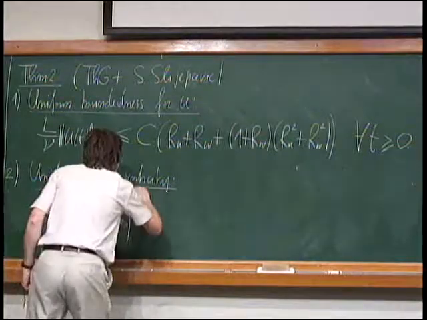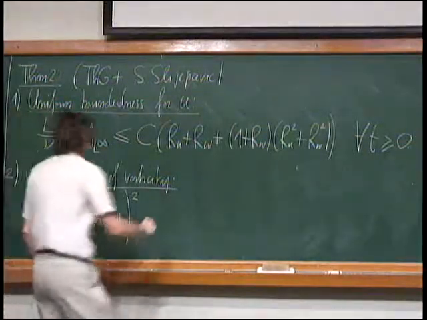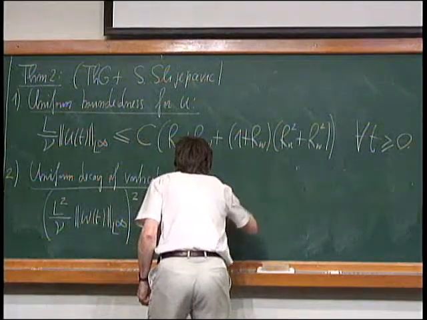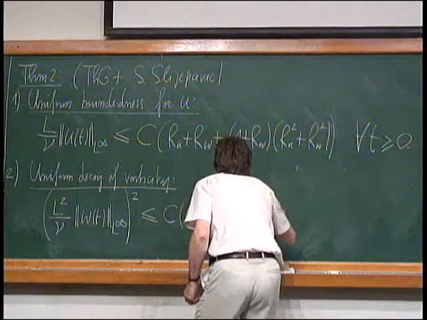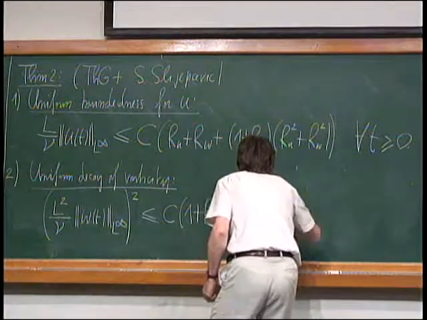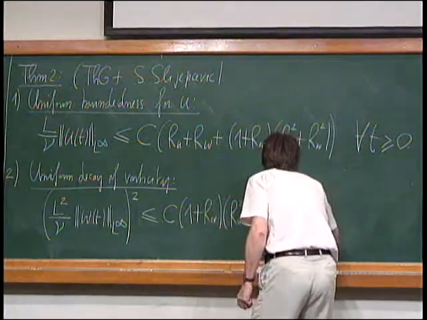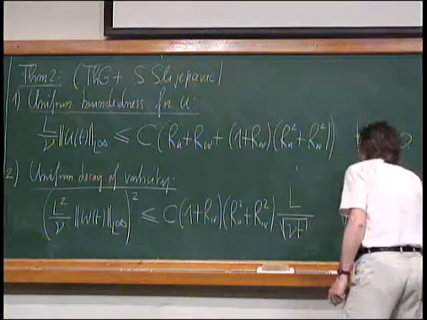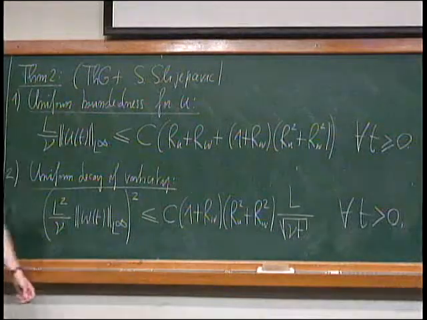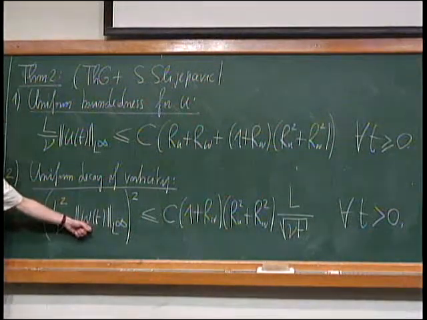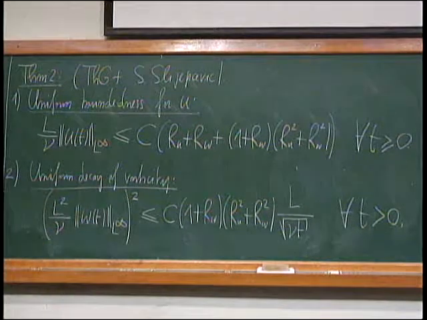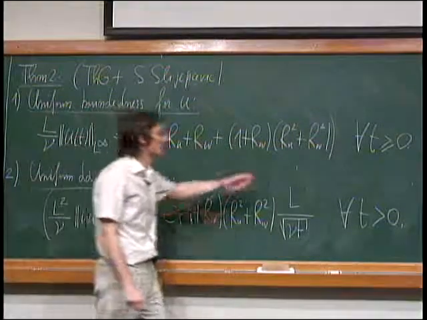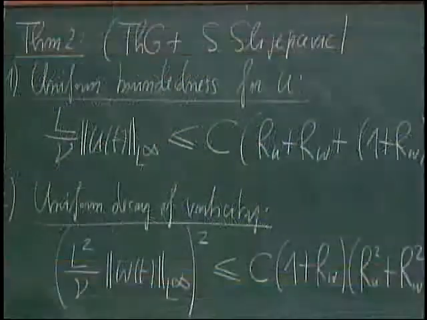I take the square of it to make it nicer, and this is less than a universal constant times 1 plus R_omega times R_u squared plus R_omega squared, times L over the square root of nu t, and this is for all strictly positive time. So you see that the L infinity norm of omega decays uniformly to 0 as t goes to infinity, at least like 1 over t to the power 1/4.